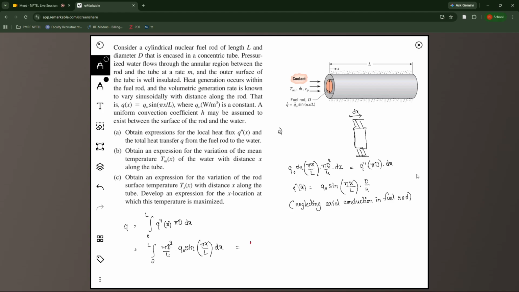so this will be Q naught times pi d square by 4 times integration of sine pi x by L, which is L by pi times minus cos pi x by L, between 0 to L. That will give you Q naught pi d square L by 2.